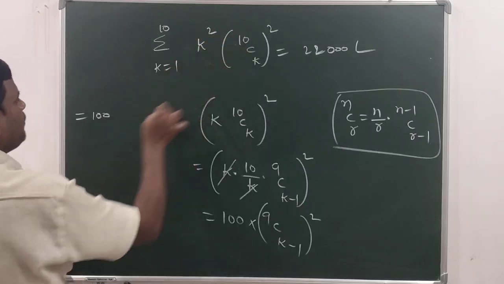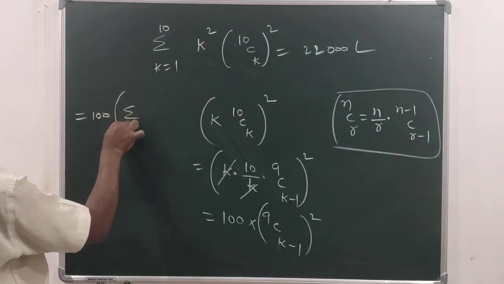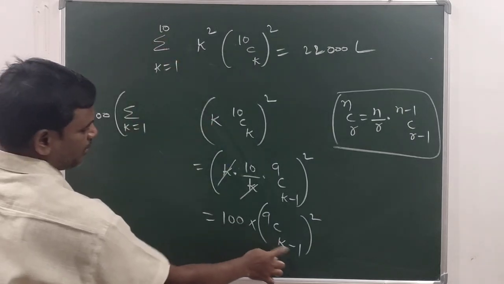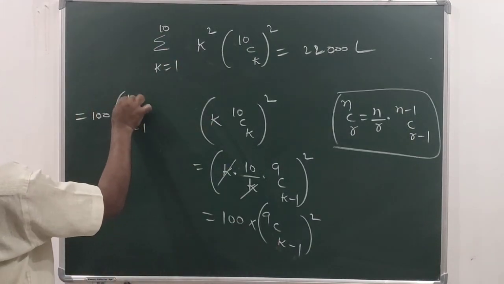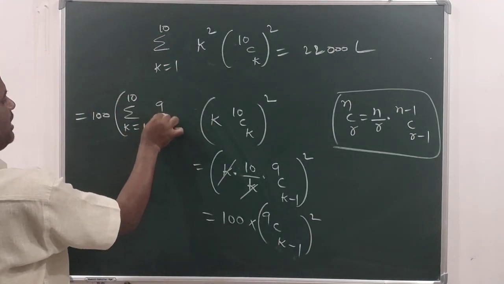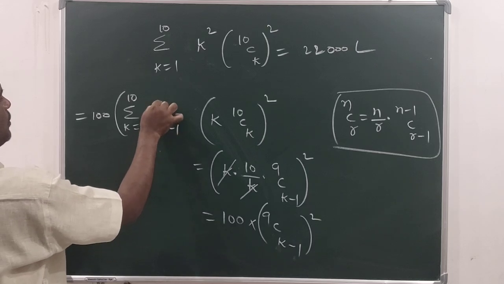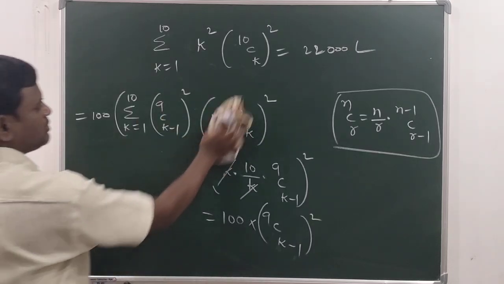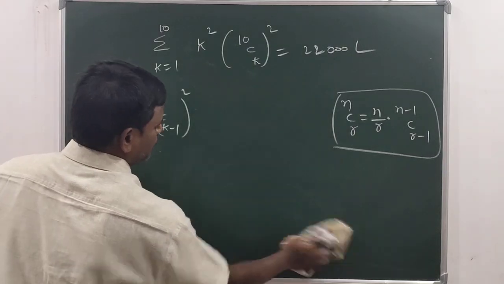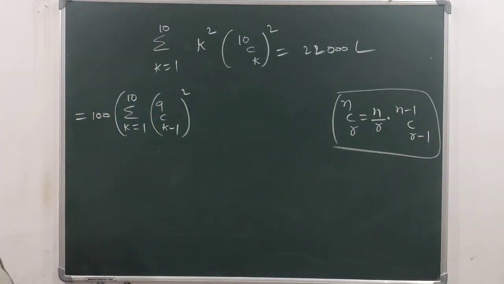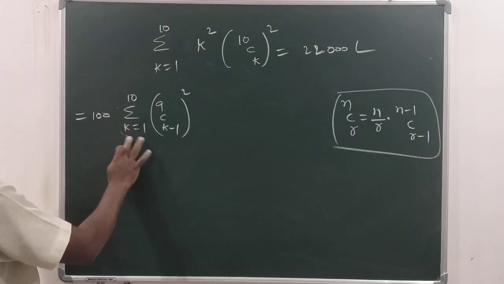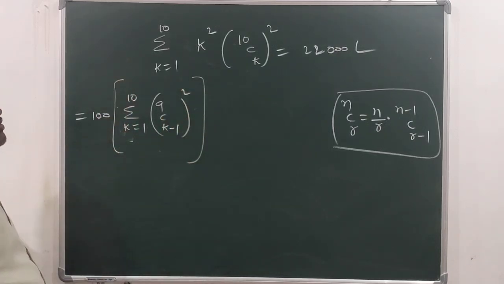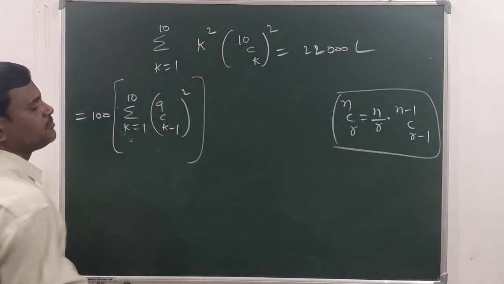After simplifying this, you got k runs from 1 to, here 10 minus 1, 9 will come, of 9C k minus 1 whole square. Now this is equal to 22,000 L. I hope you have understood, students. This you got after simplification of this.